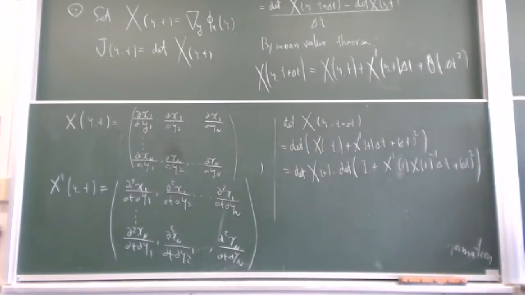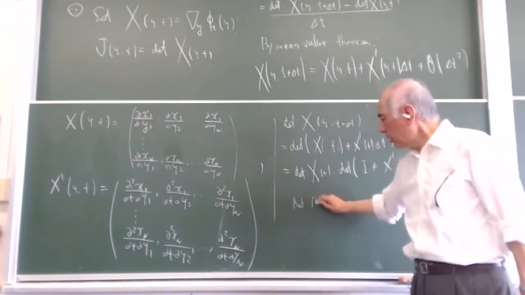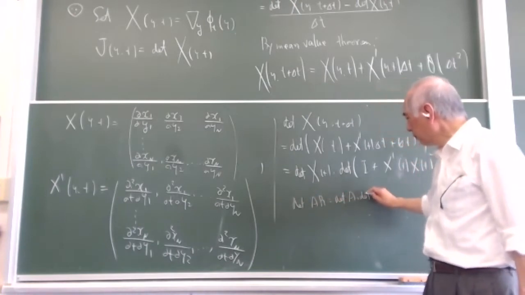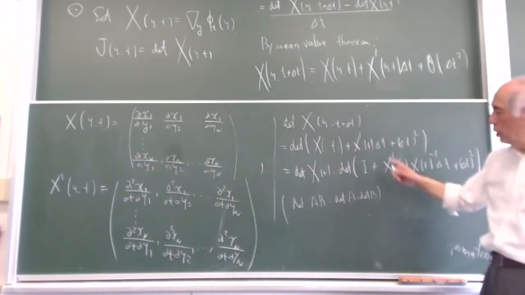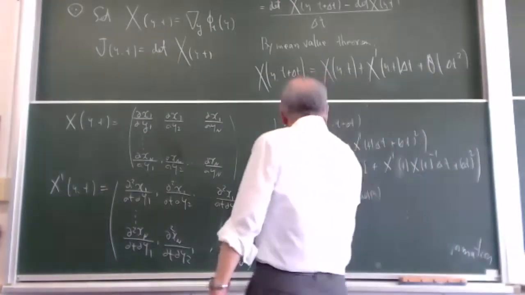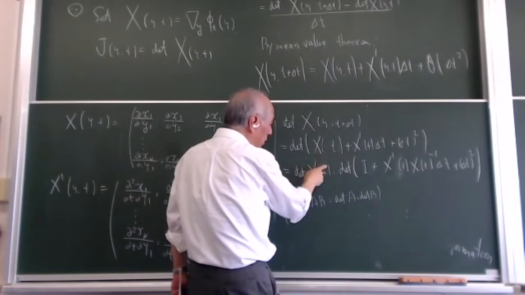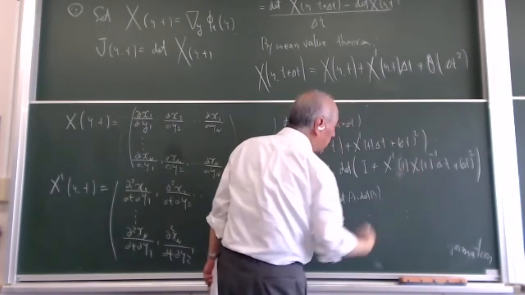You can write it in this way, because the determinant is commutative, that is, the determinant of AB equals that of BA. Therefore, you multiply x inverse here, and then x_t and x inverse from the left.